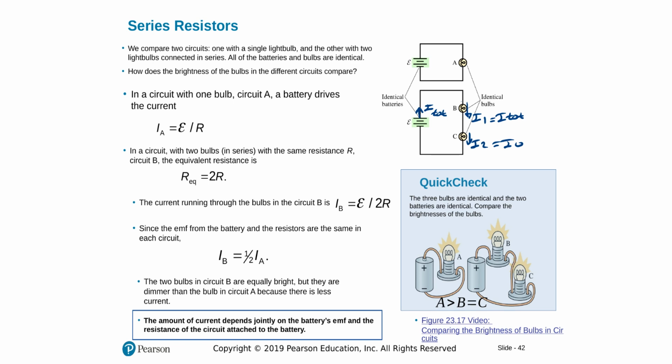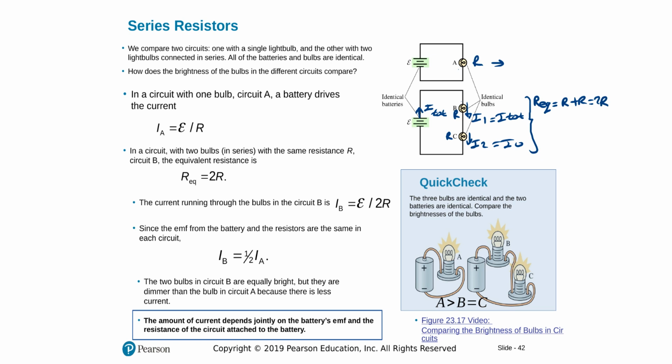So if this guy has R, this guy has R, in the first circuit we have R, in the second circuit we have 2R. When we add them, we will call them the total resistance R equivalent, R plus R, 2R.